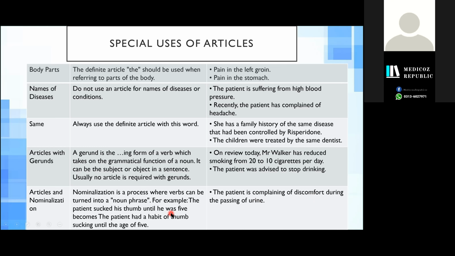You must think that this is a very difficult thing to remember, or a very particular thing to remember. But if you are making the sentence in a correct way, you know how to convert words like until he was 5 to this phrase, the age of 5.